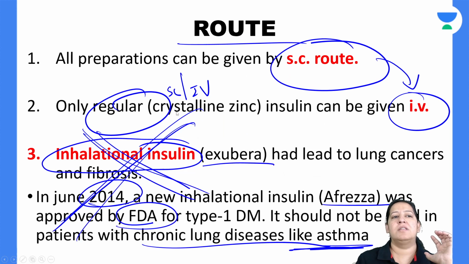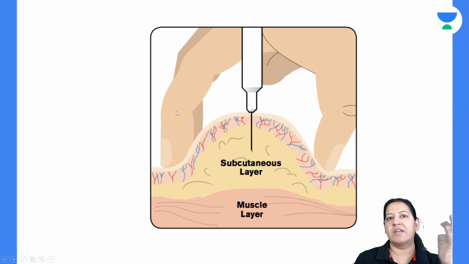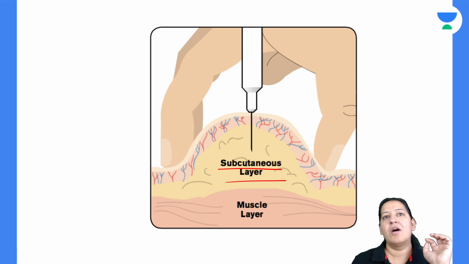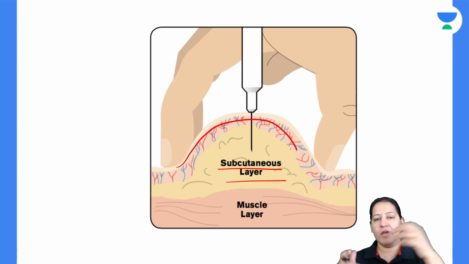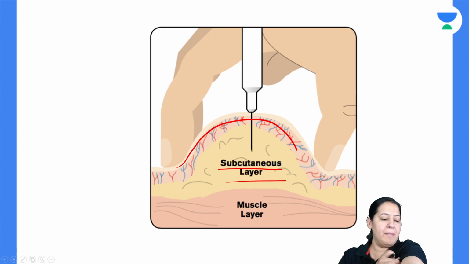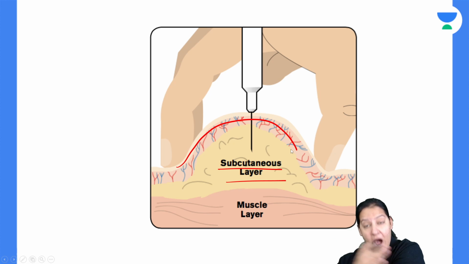So how to give it? These are the sites, right? How to give it? It has to be given subcutaneously by forming a fold. So if I'm giving it to myself, here on the arm I can give, I will make a fold here and give it. Now giving at the arm is difficult for the patient if it is given by themselves. But if someone else is giving the injection, it is like making a fold.